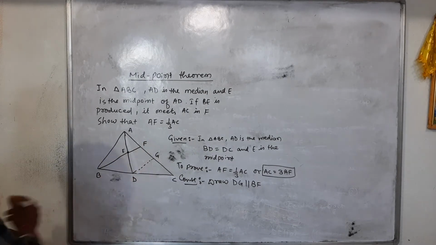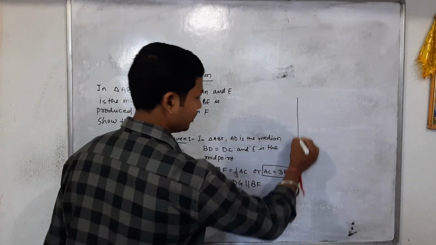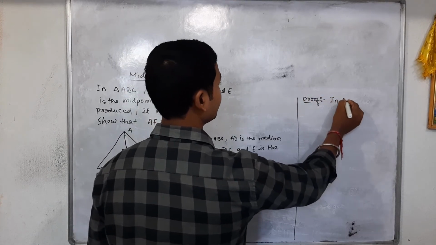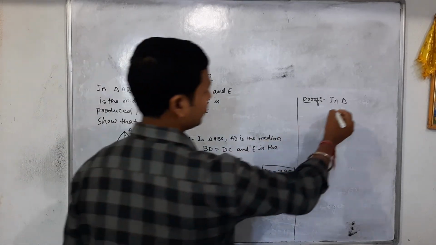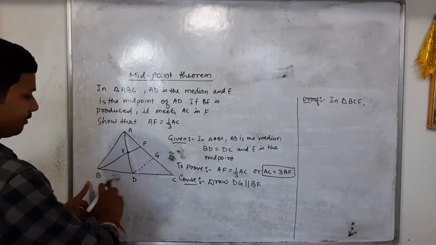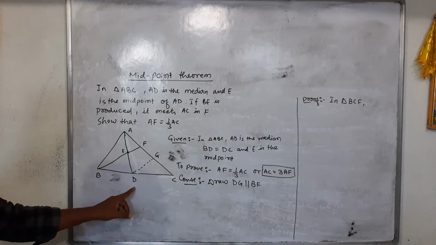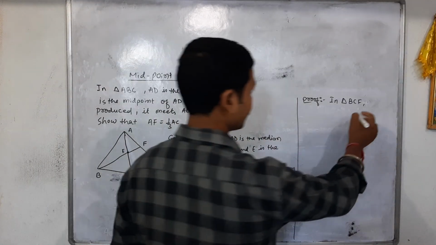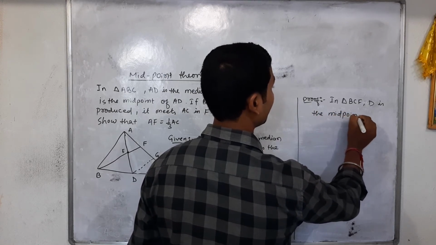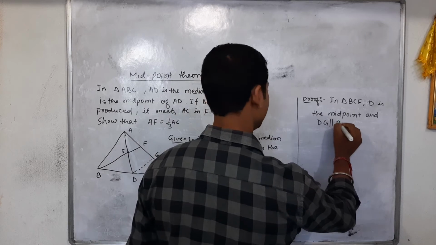Now proof. In triangle BCF, you can see that D is the midpoint and DG is parallel to BF.